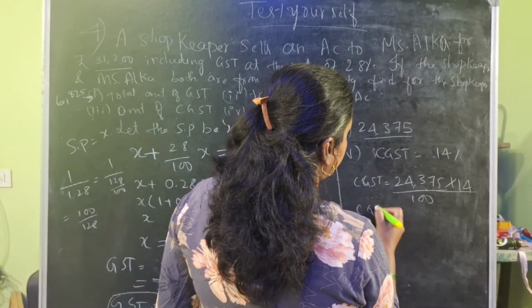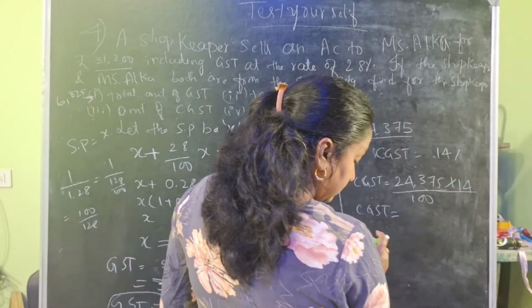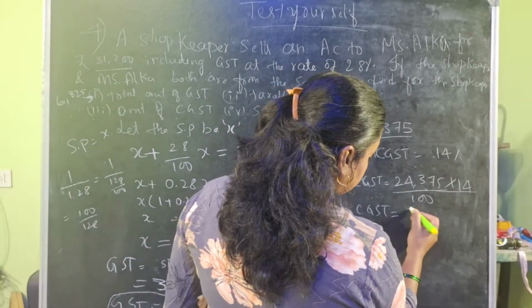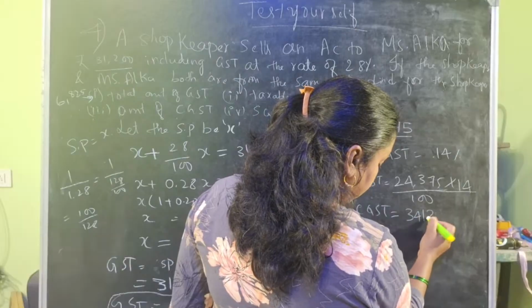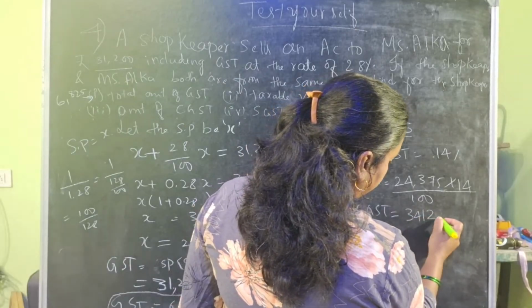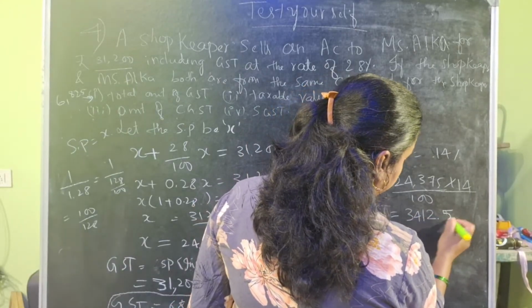After simplification, we get the CGST amount as 3,412.5.